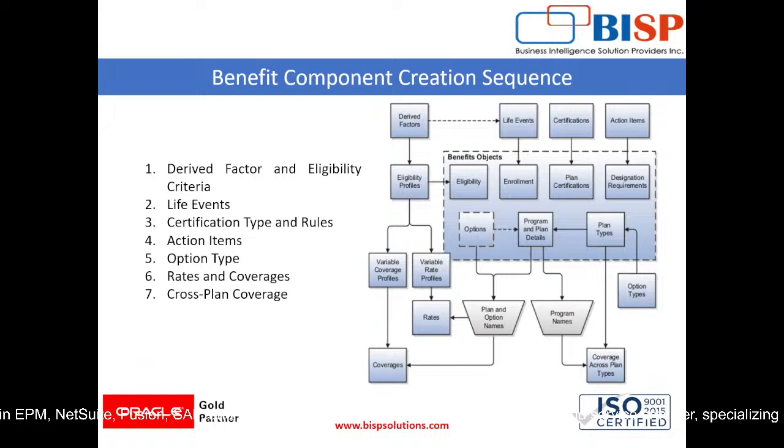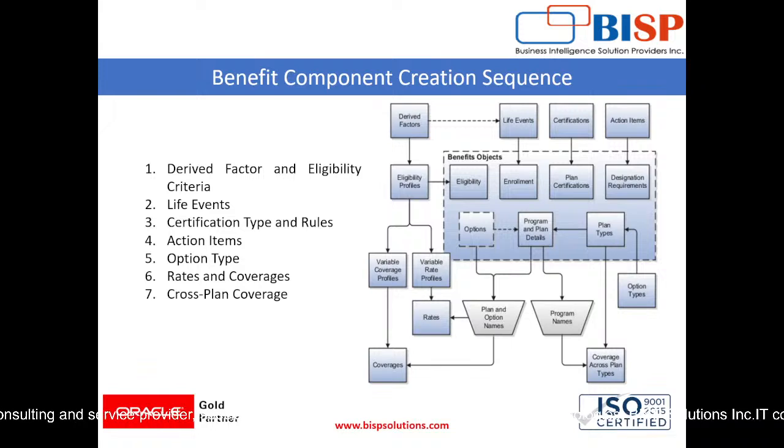Oracle provides a list of predefined derived factors like age or service length. In a bit, we are going to see derived factor and eligibility profile. You can combine these to create an eligibility profile, which decides who qualifies for specific benefits.